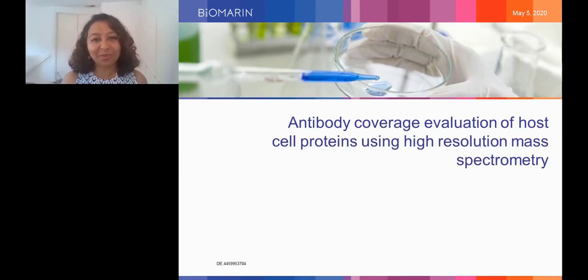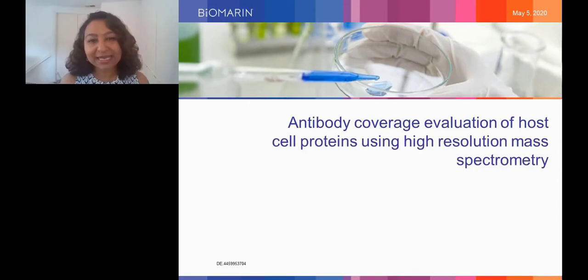Then the most important application of mass spectrometry actually falls in understanding the ELISA and understanding what are the host cell proteins that are recognized by the anti-HCP antibody that is being utilized in the given assay.